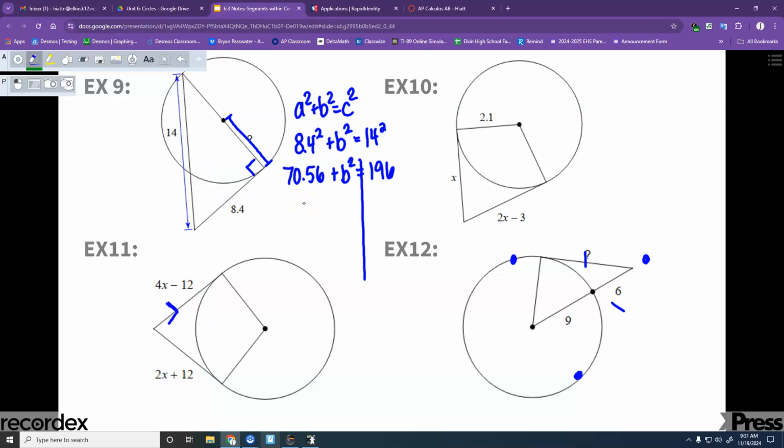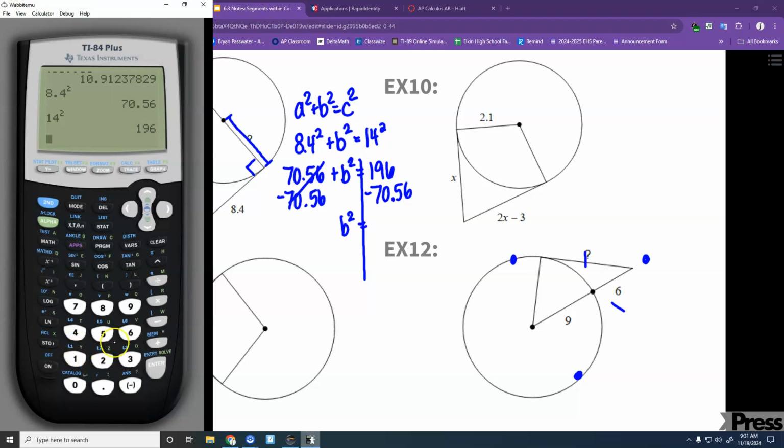Angel, what do you think? Subtract that 70.56. So b squared equals 196 minus 70.56. That's going to give us 125.44.